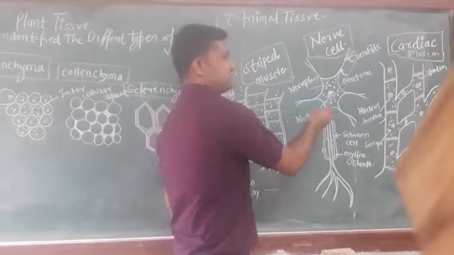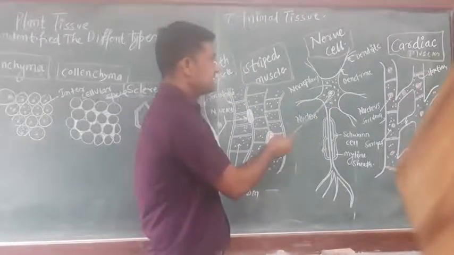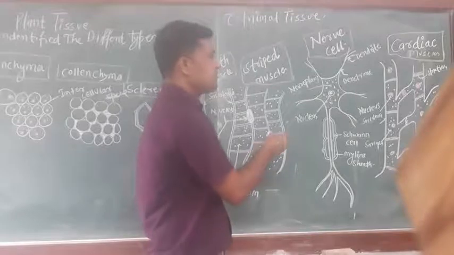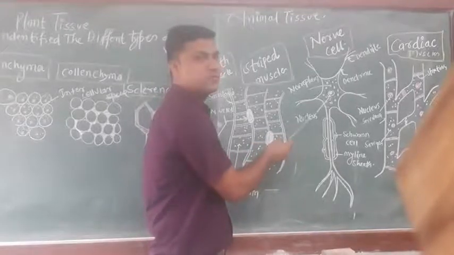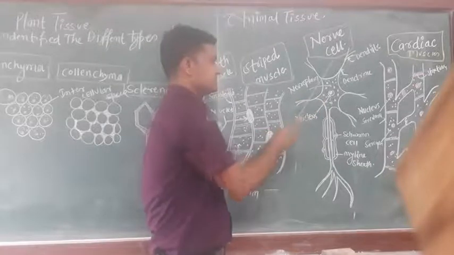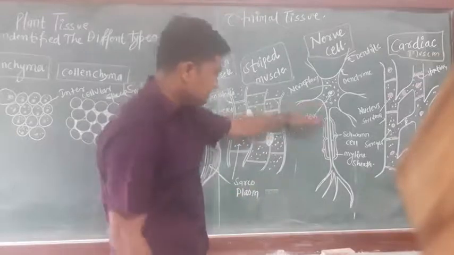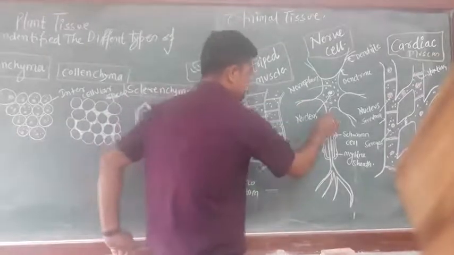Then the nucleus is present in the nerve cell, and the liquid is called neuroplasm. Then the lower portion is the axon.